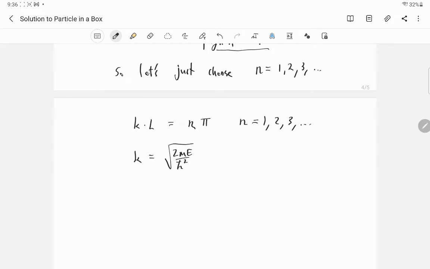So that means that k times L has to be the square root of 2mE over h bar squared times L, and these have to be n times pi.